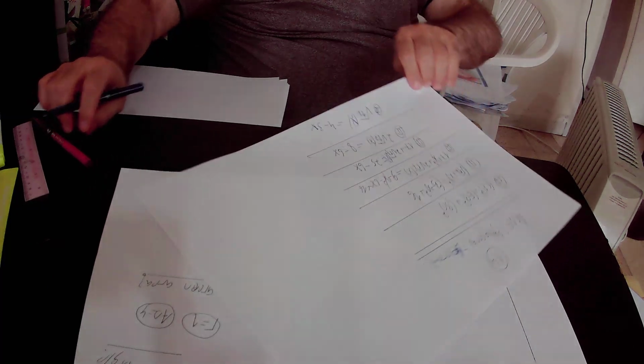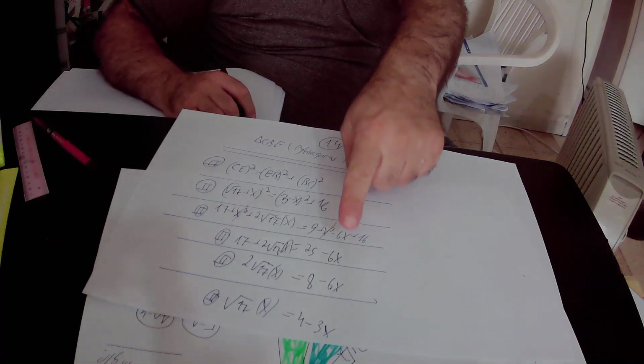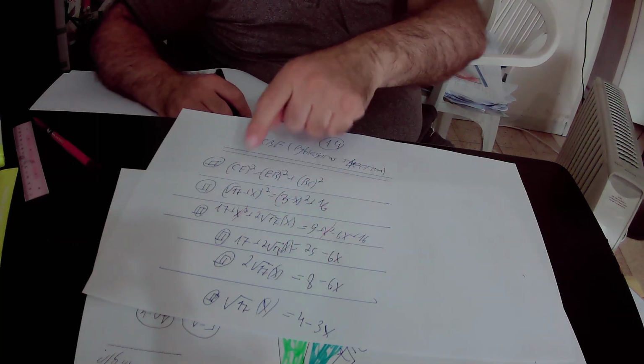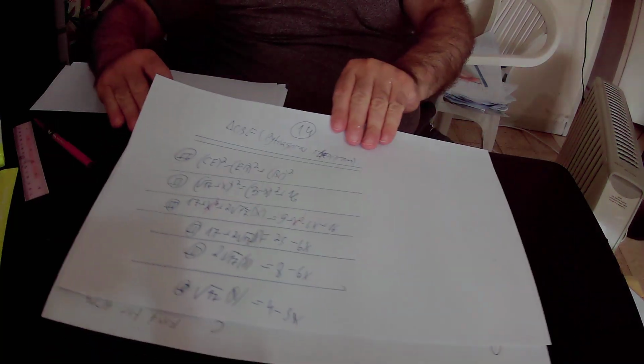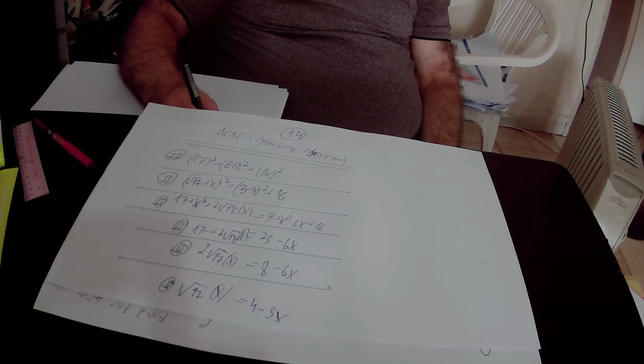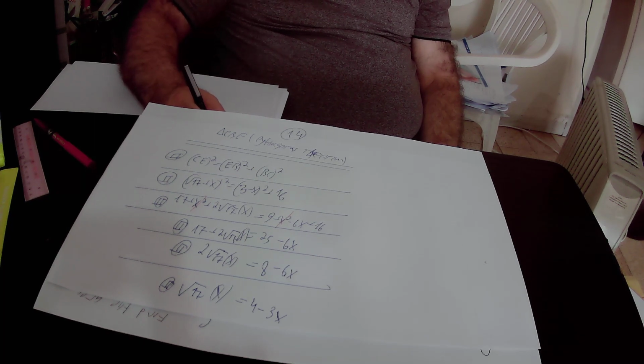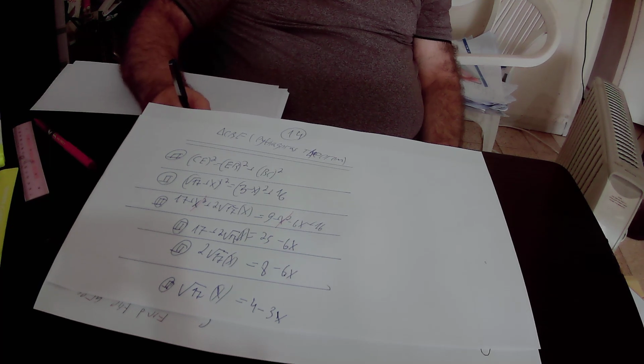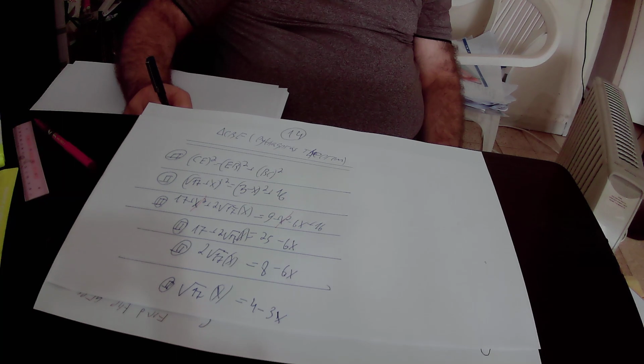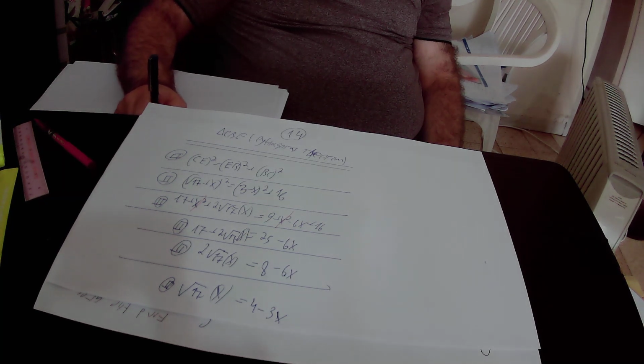So here we will add 3x to equation number 2, and we will get that square root of 17x plus 3x equals 4.